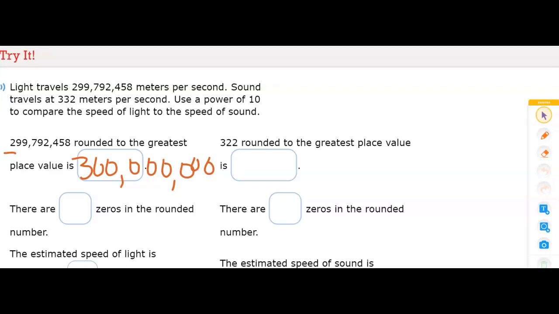And then for counting the zeros, we have 8 zeros. 6, 7, 8.